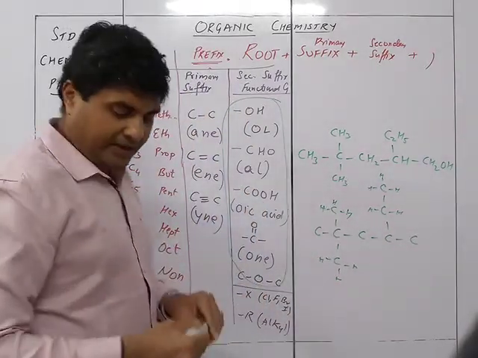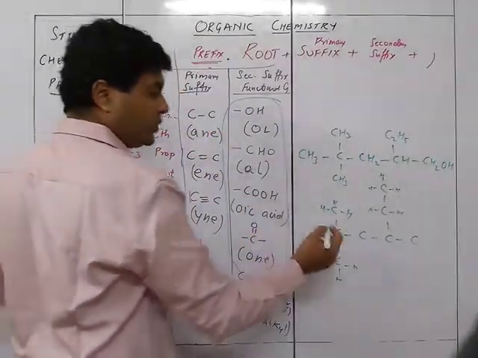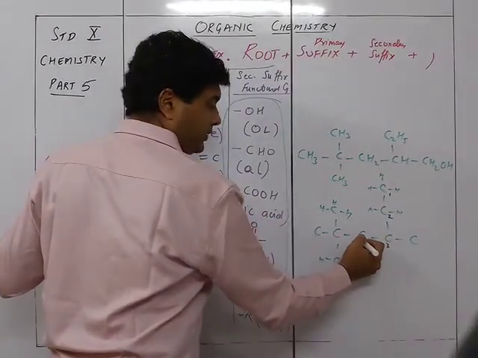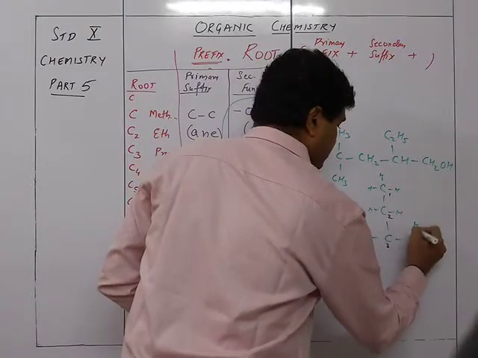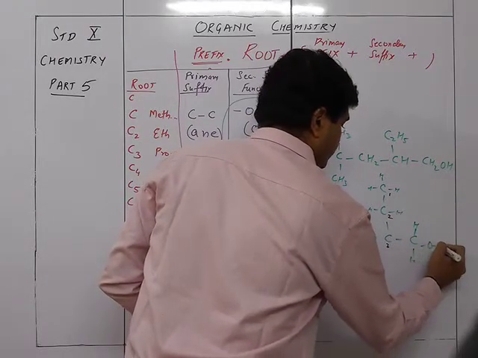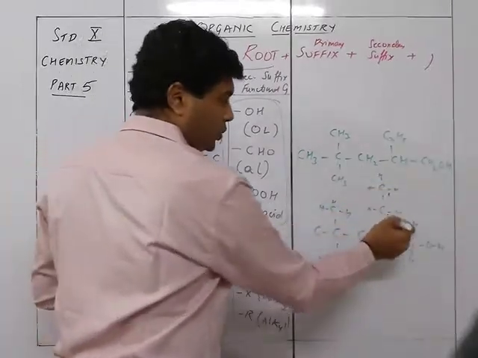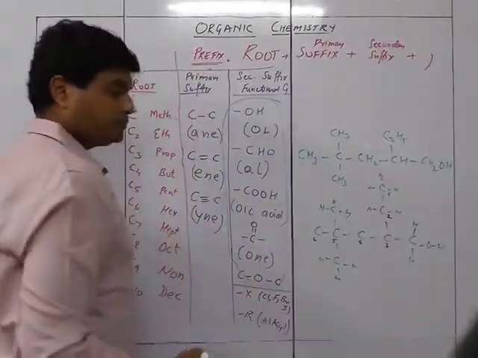So if I want to take the longest chain, it is possible to take a chain like this. 1, 2, 3, 4. Now okay, one thing is over here, I just need to draw this. So it is H, H and OH. So I can have a chain like this: 1, 2, 3, 4, 5 and 6.